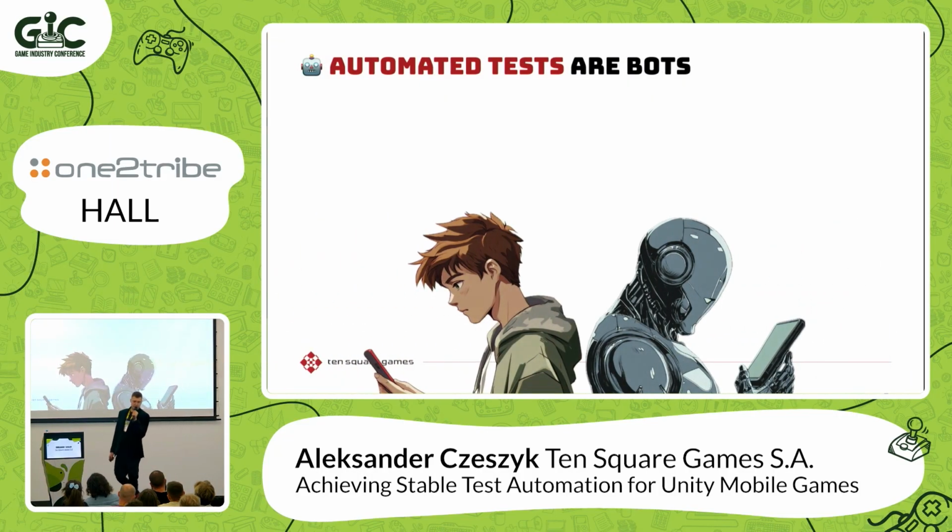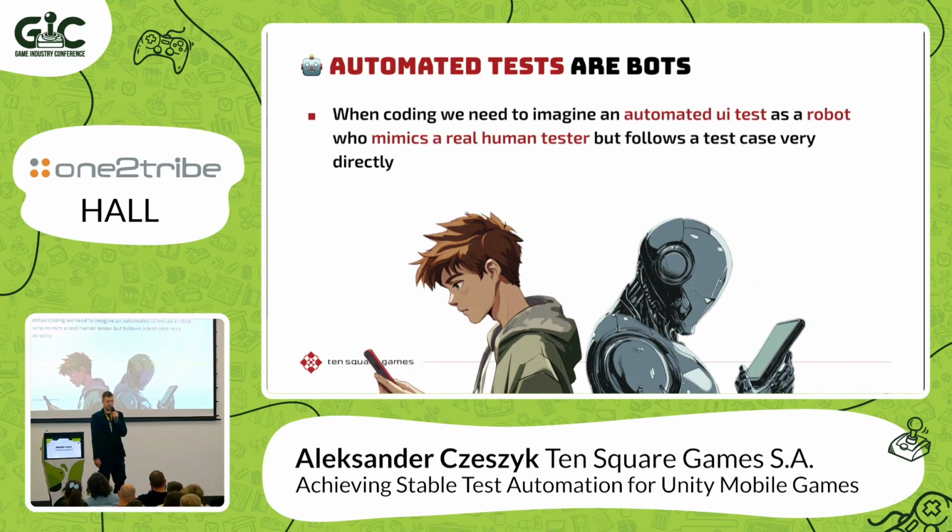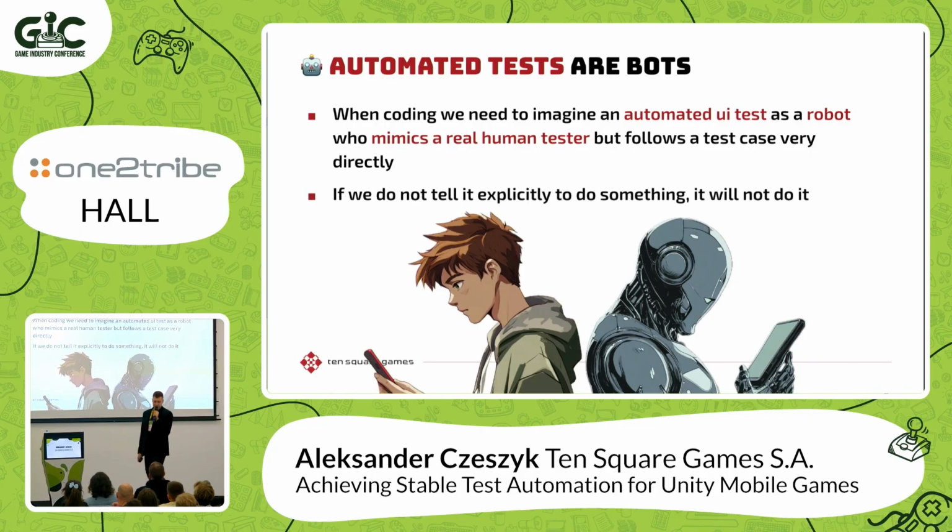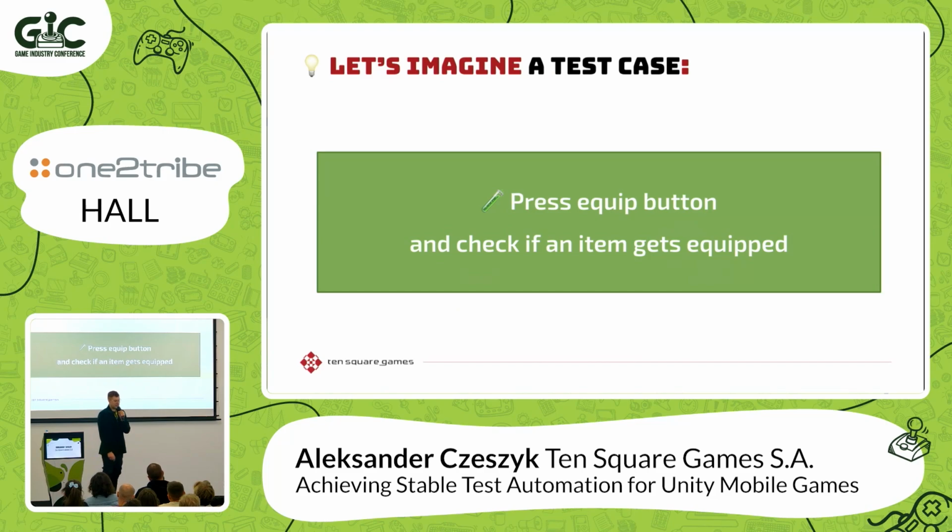Automated tests are bots. When coding an automated test, we need to imagine it's a robot that tries to mimic a human, but follows the test case very, very directly. If you will not tell it to do something explicitly, it will not do it. So let's take this really simple test case as an example.